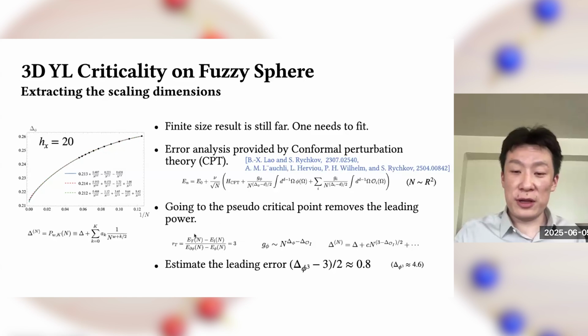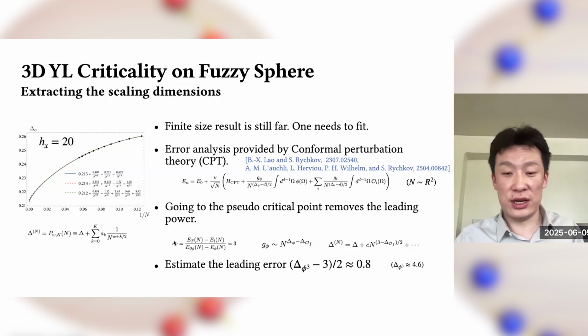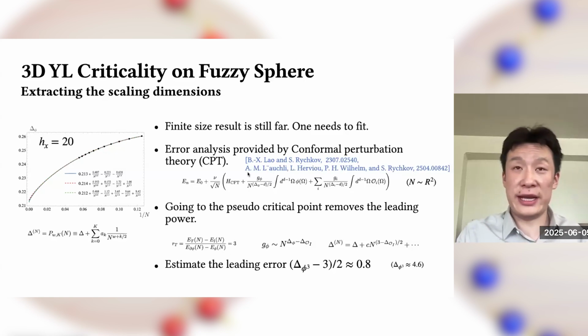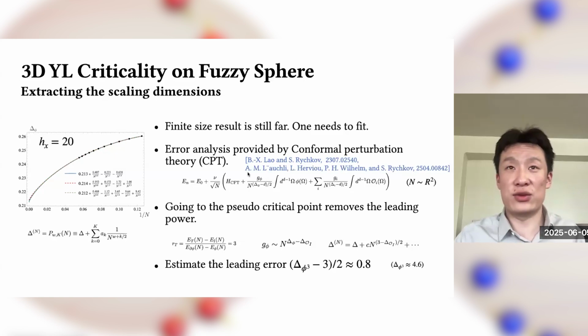If we plug in our criterion, the main one that we use, that the dimension of the stress tensor is equal to the space-time dimension 3, we'll see that we're able to eliminate the relevant power, which grows with the system size, and we're left with the correction from the leading irrelevant contribution.